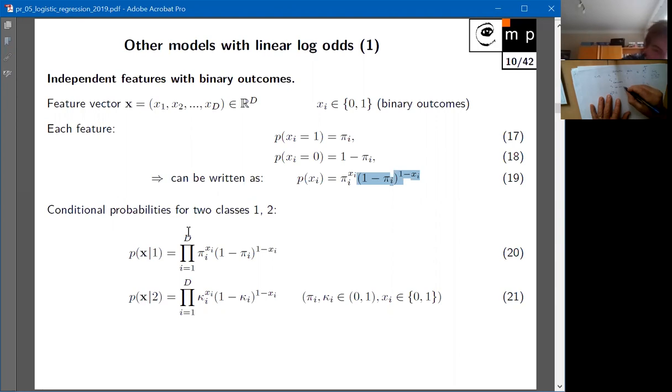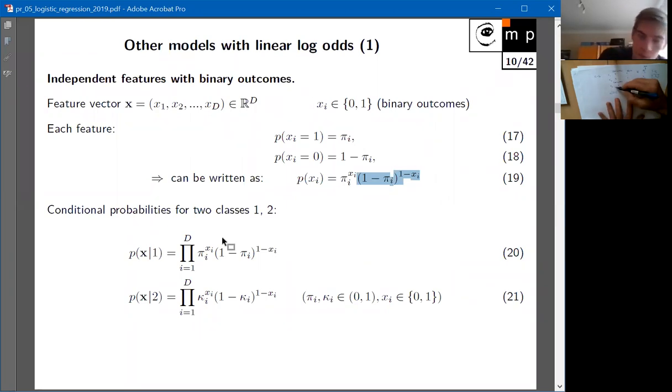Circumference bigger than 30 is 1, smaller than 30 is 0. Okay, so now we could have a number of these things. These are not, by the way, independent probably, because hair is probably independent of shoe size, but neck circumference is not.